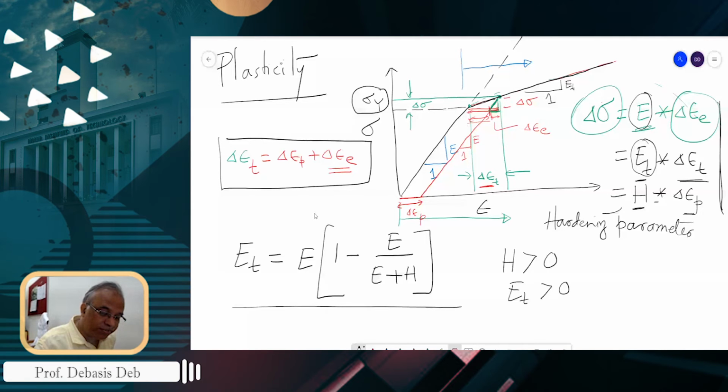Okay, let me write there, that way it will be easy. If H is greater than 0, then ET is also greater than 0, right? If H is less than 0, what happened to ET?